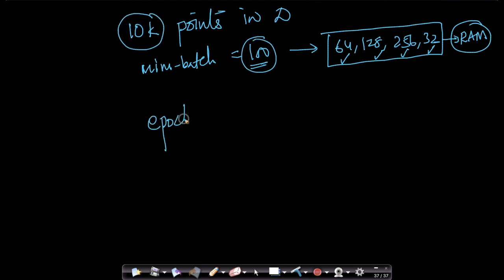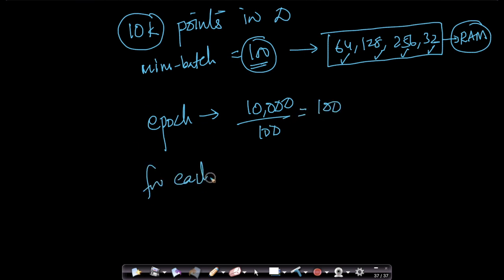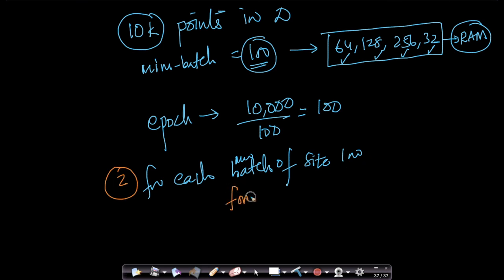So for one epoch, how many loops am I running? I'm running 10,000 by 100. After initialization, for each mini batch of size 100, I'll do forward prop, compute loss, compute gradients, and update with backprop.